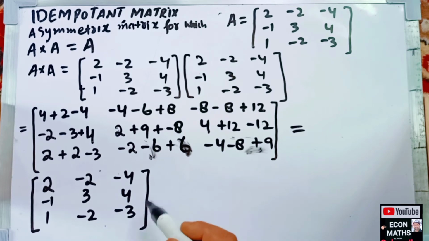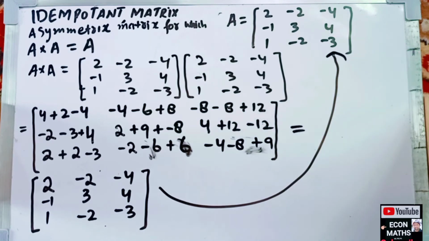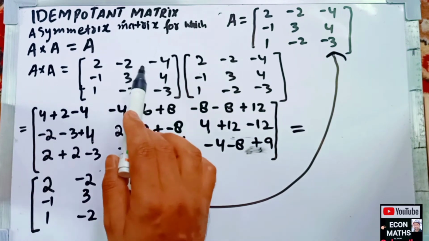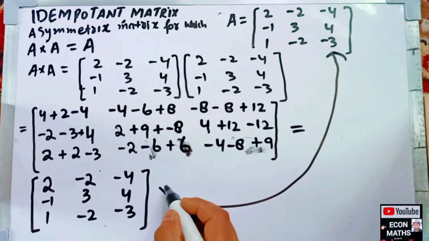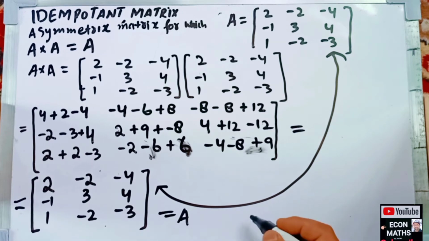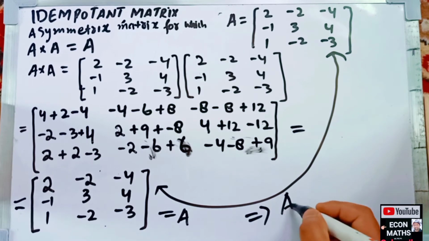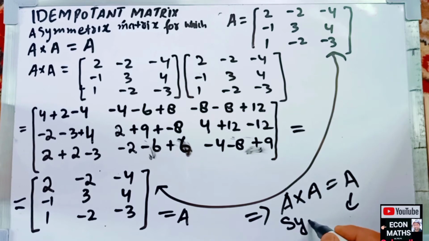Here we can see we got the original matrix. That is, when we multiply this matrix by itself, we get the original matrix A, which implies A times A is equal to A.